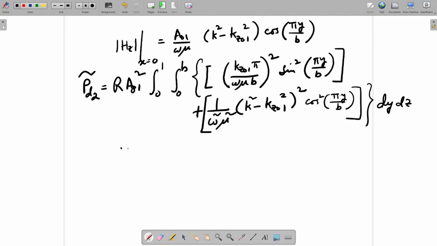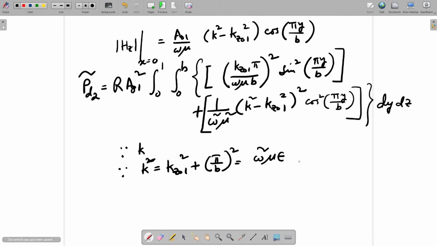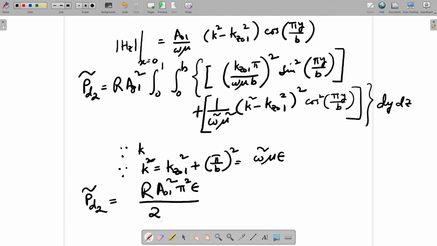And then using the expression k square equal to k z 01 square plus pi by b whole square equal to omega square mu epsilon, the expression for P d 2 finally turns out to be, you can just verify this, R a 01 square pi square epsilon by 2 mu b.